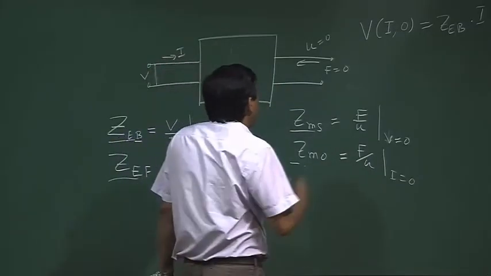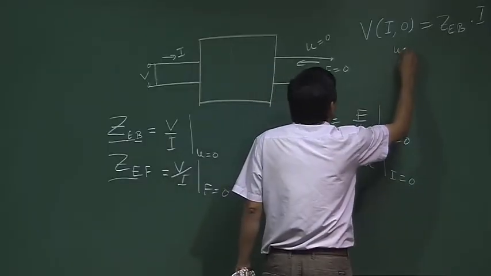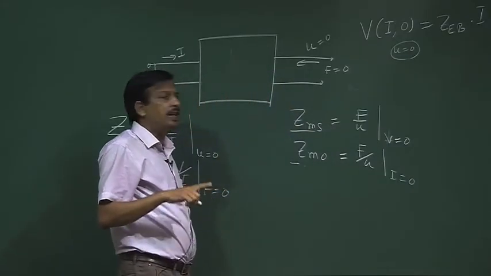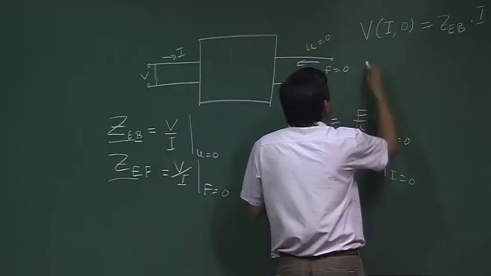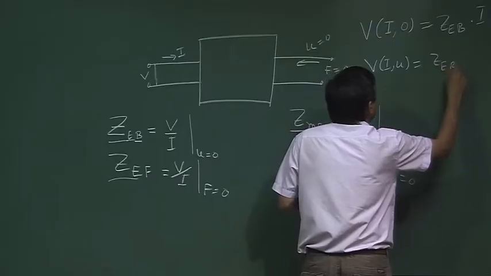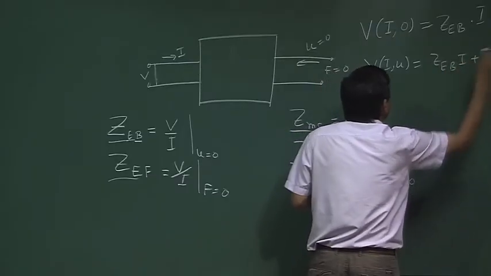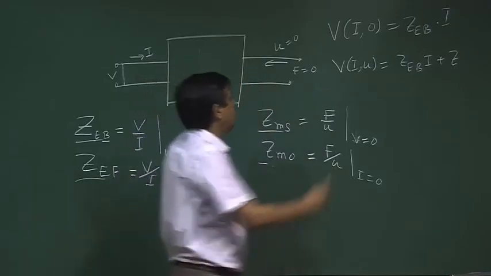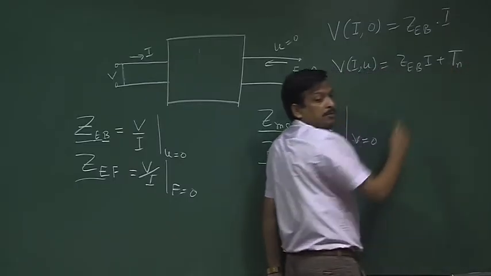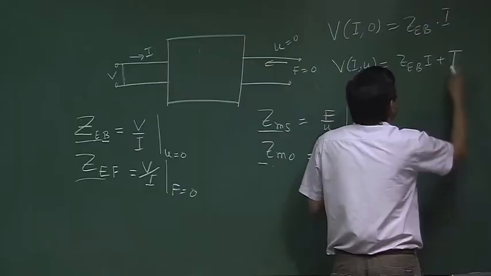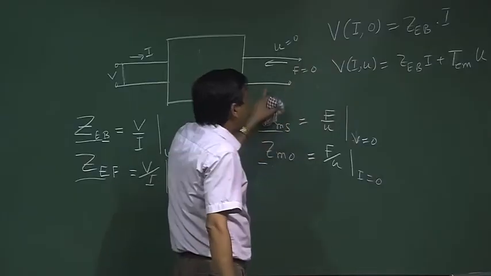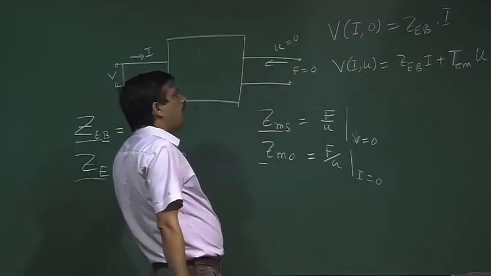I. Now, if U is not equal to 0, let us say U is varying linearly with V, then V when I and U both are there is nothing but ZEB into I plus, let us say there is a coefficient called TEM, electrical to mechanical coefficient, into U. So some component of U contributes to the electrical voltage.